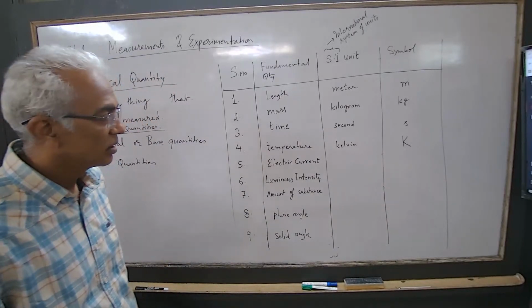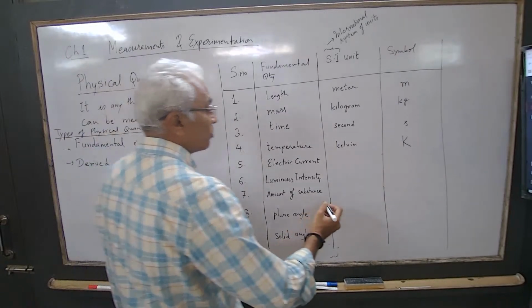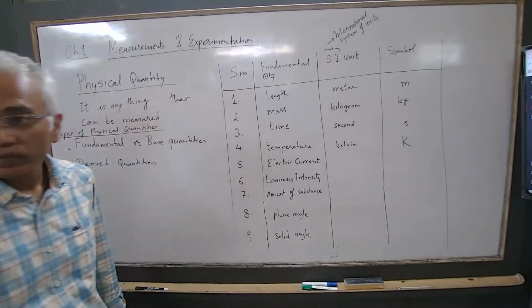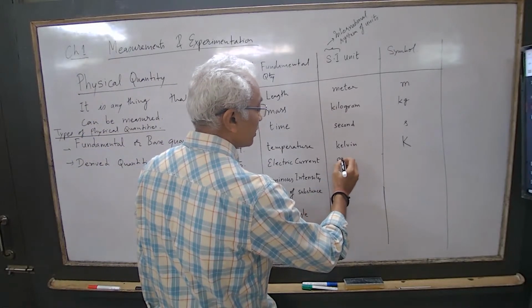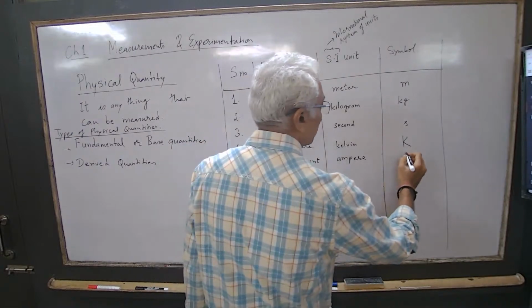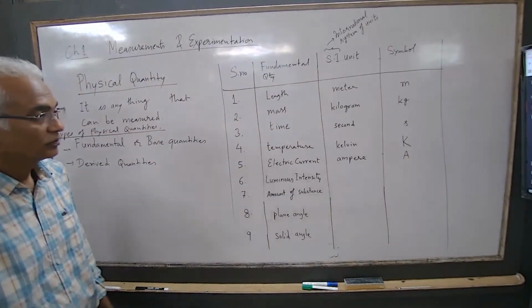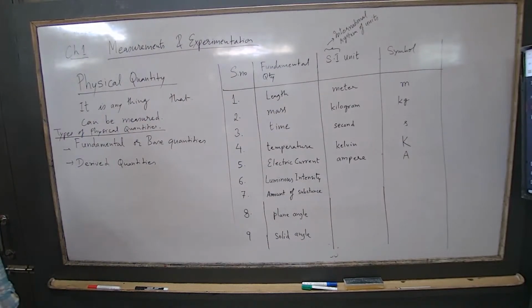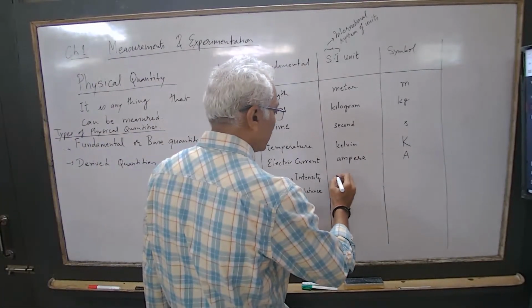There are certain other exceptions, which we'll see. Now, the unit of electric current is ampere, also the name of a scientist, so its symbol is capital A. The unit of luminous intensity is candela.